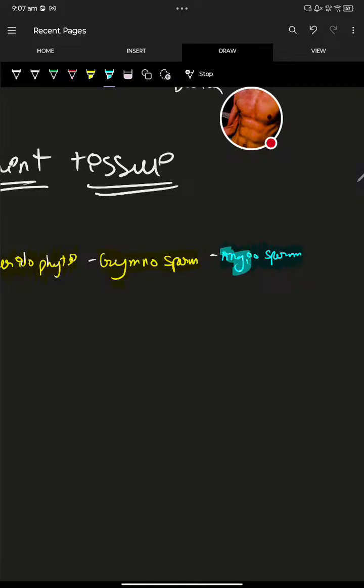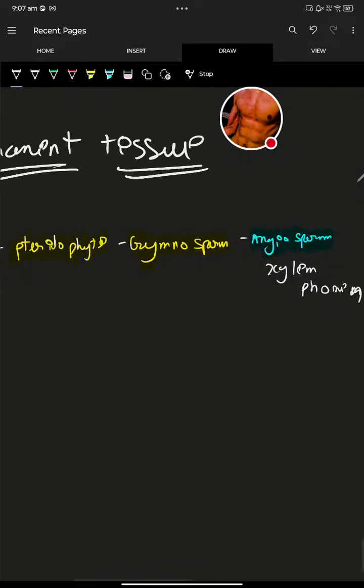Those are angiosperm trees which have xylem and phloem for their water and food transportation and all that. So this is the whole thing.